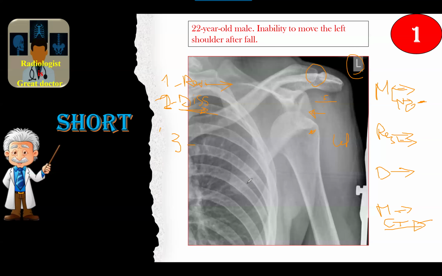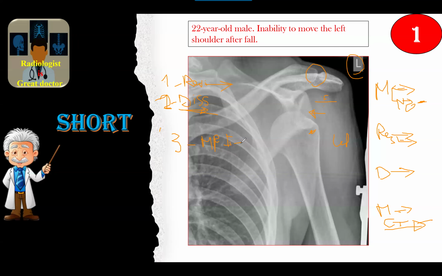Number three, any additional thing that may be done in case of anterior shoulder dislocation? Any additional step? CT? I don't think so, no fracture, so no need for CT. MRI, maybe to look for any ligamentous injury? Yes, but we should write a good sentence.